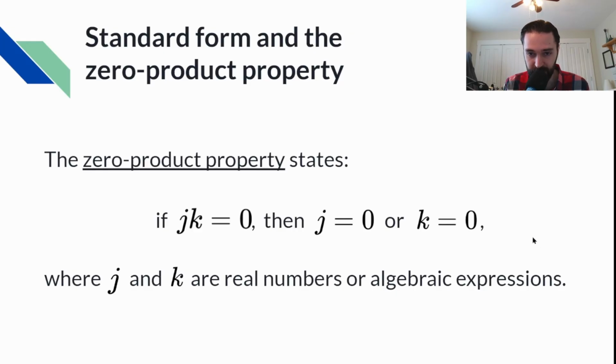In our case, we're going to be looking at algebraic expressions, but it's true for real numbers as well. If you have something times something equals 0, then the first thing must be 0 or the second thing must be 0.